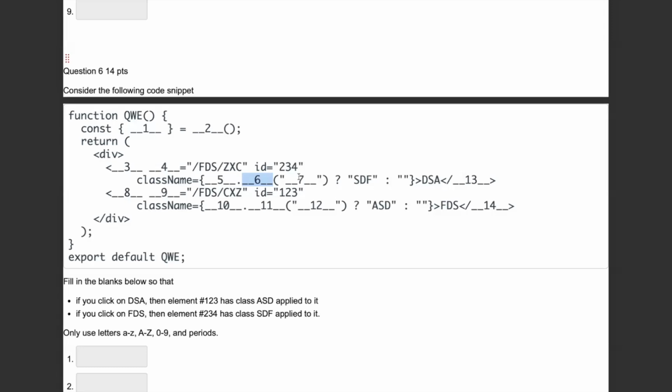When this is clicked, it's when the URL contains ZXC that we are applying SDF to this first link. It's when we click on this one that we apply ZXC in the URL, which causes the SDF to be applied. So 7 must be ZXC.